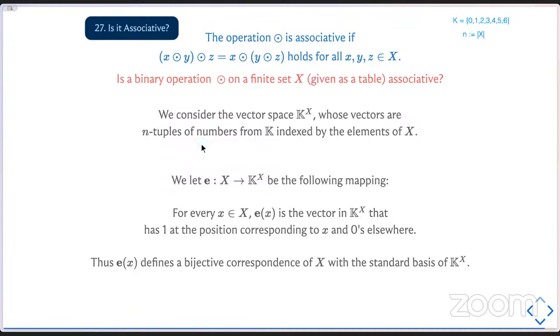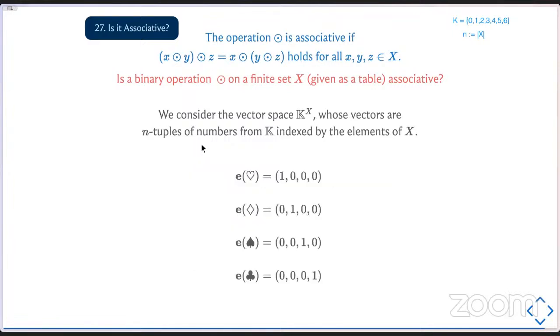So let E of X simply be the vector which is 1 at the X index and 0 everywhere else. So you can think of it as some sort of a basis. For the example, for the table that we saw in the beginning, X was the 4 suits.